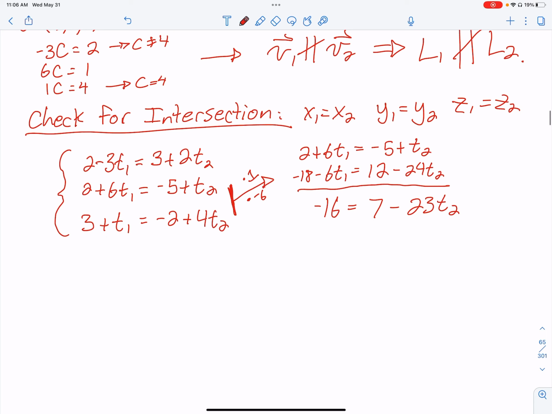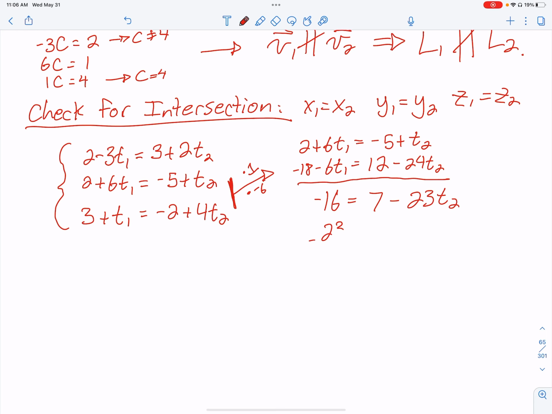All right, I subtract 7 from both sides, so I get -23 equals -23t2. Actually works out really nice for us. t2 is 1. Right? I can find t1 using the equations from above. So I got 2 plus 6t1 equals, and I'm going to plug in t2, which is 1. So I go ahead and solve for t1 now.